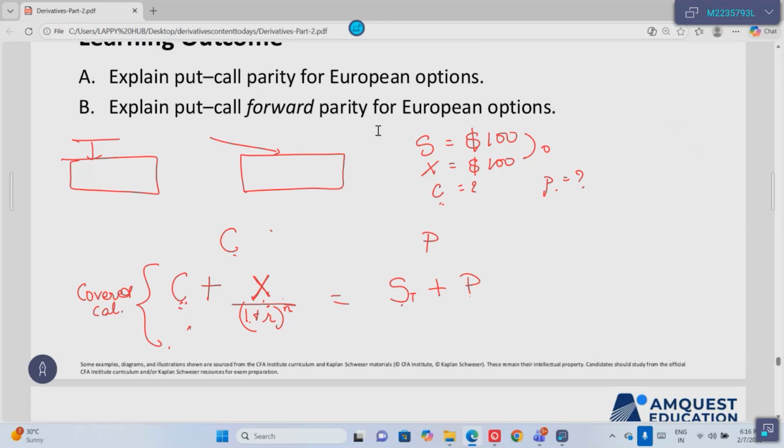So the value of this position, where I bought a stock at whatever price, I am protecting my stock by use of a put, and that's called a protective put. Protective put, a put that is protecting my stock. Protective put. Is that clear?